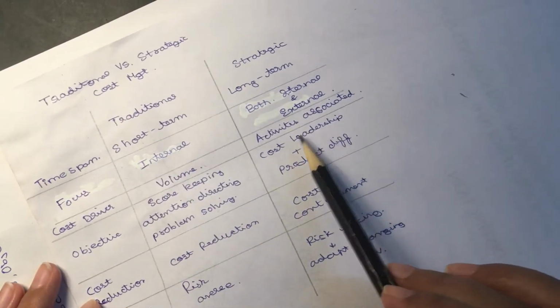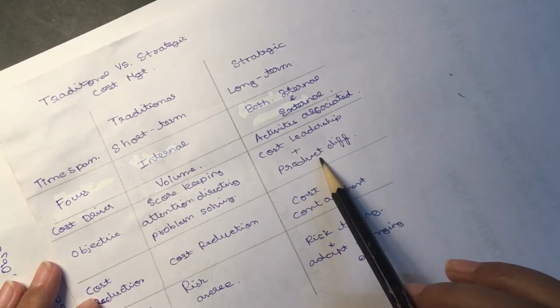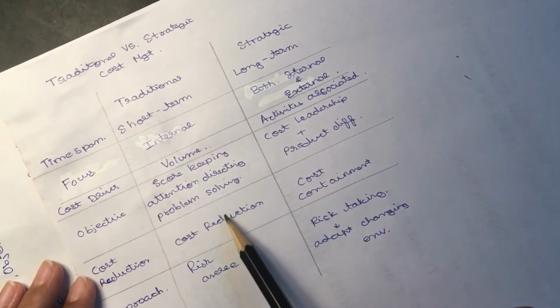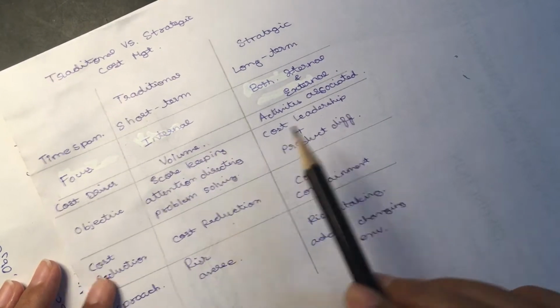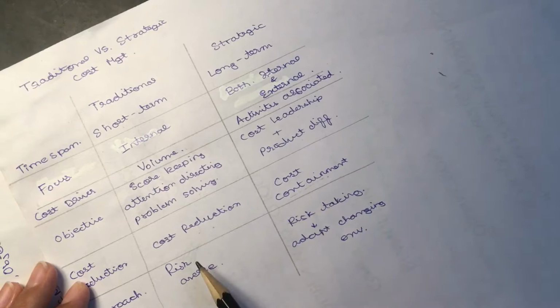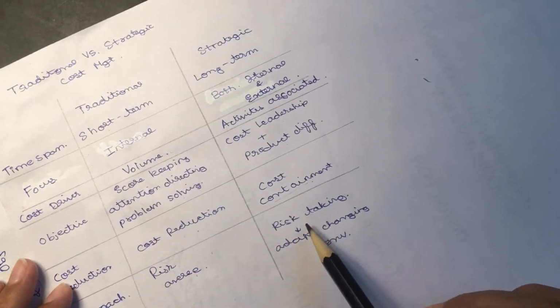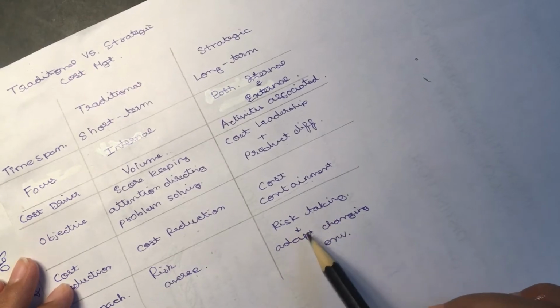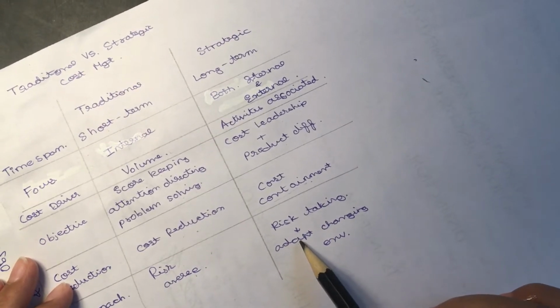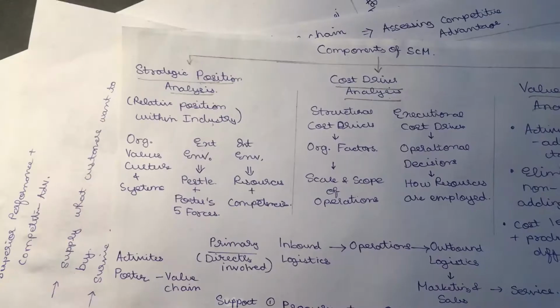Here there's more focus on cost leadership and product differentiation. This focuses on cost reduction, this focuses on cost containment. Traditional costing is risk averse, and in strategic cost management, there's more risk taking, and it adapts to the changing environment.